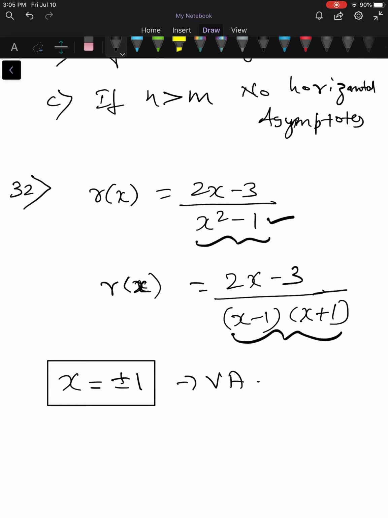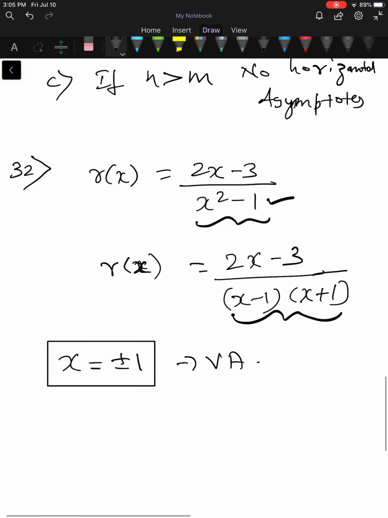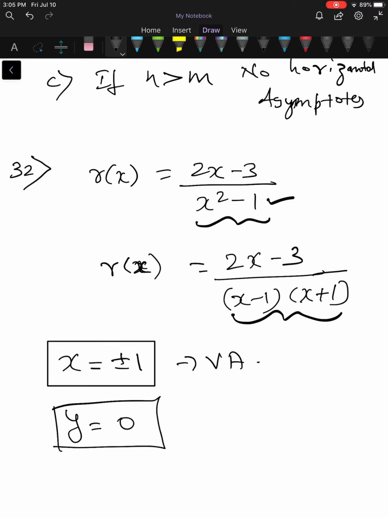And what is the degree of the numerator? It is 1. So the degree of the numerator is less than the degree of the denominator. So, as we discussed above, the horizontal asymptote is y is equal to 0. Okay, this was pretty easy.